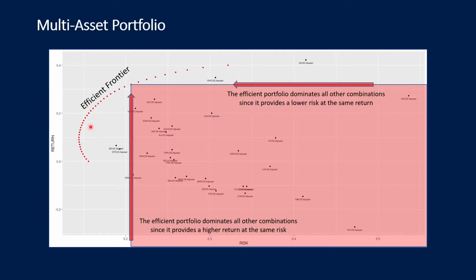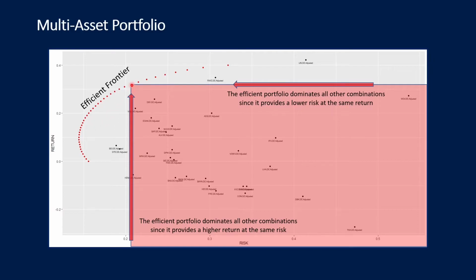This efficient frontier is combined by efficient portfolios, and all these efficient portfolios are mu sigma dominant. Mu sigma dominant means you won't find a portfolio that has the same risk and a better return, or the same return and a lower risk.